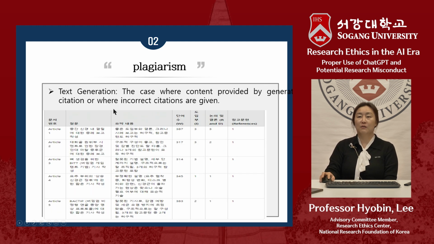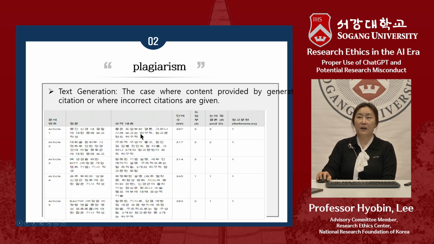ChatGPT wrote 5 different articles, and the problem was they were too short to use as a paper, and also they were wrong. Sometimes the methodology is wrong. Sometimes it misinterprets articles. So you cannot use ChatGPT to write a paper. If you ask it to write a paper instead of you, that is plagiarism.